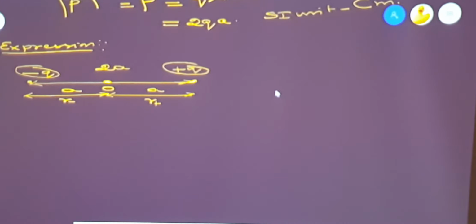Now, what is the electrical dipole moment? We are going to calculate it.